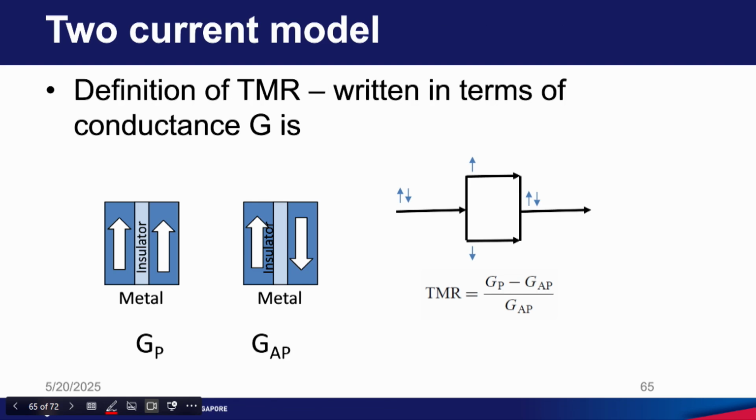To understand the theory of TMR, there are two models. I told you that TMR was observed in the 1970s, so there is a very old model called the Julier model.